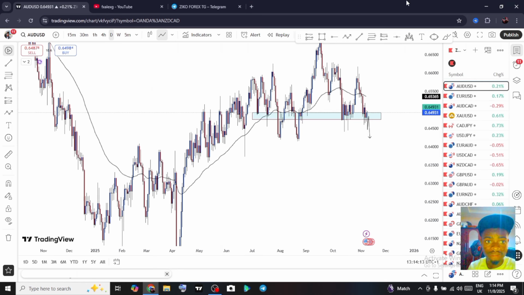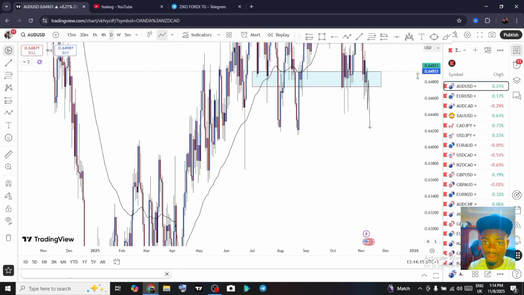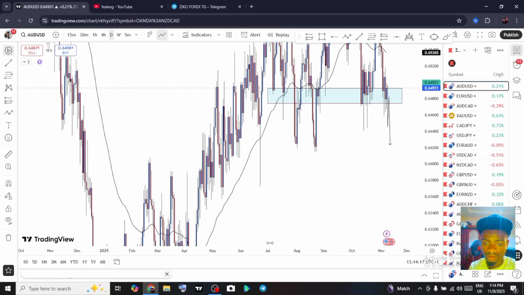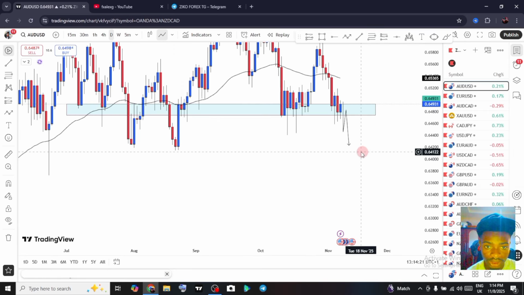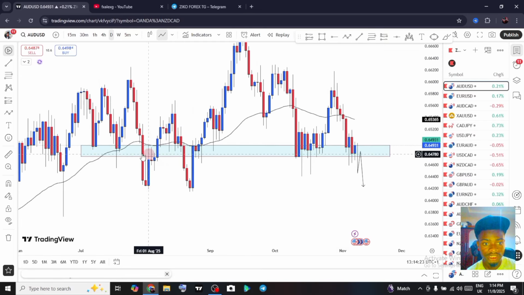So, first pair is AUDUSD. Right, so AUDUSD, let us be sure what we are doing here. AUDUSD, clean area of interest, and it's valid because we have 1, 2, 3 rejections from that area. Very valid, right? Market structure is currently bearish too, right?